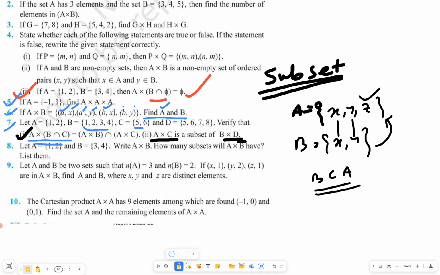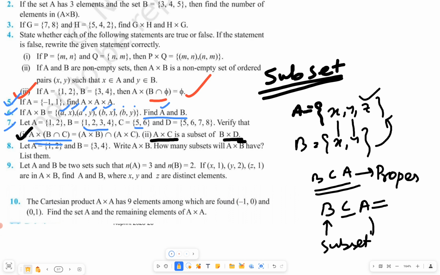Proper subset means B is a subset of A, and that is called a proper subset. B is a proper subset of A. Clear?